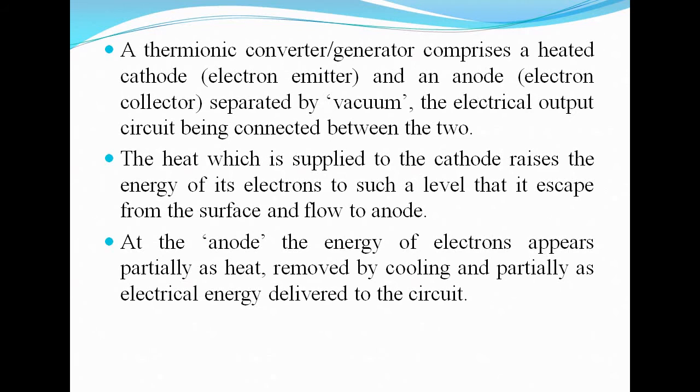So we are heating the cathode to such a level that electrons will escape from the surface and flow to the anode. At the anode, the energy of the electrons appears partially as heat, removed by cooling, and partially as electrical energy delivered to the circuit.